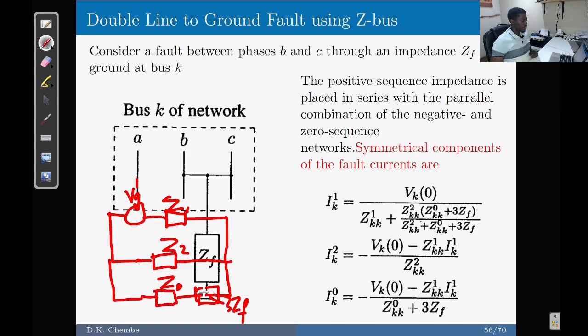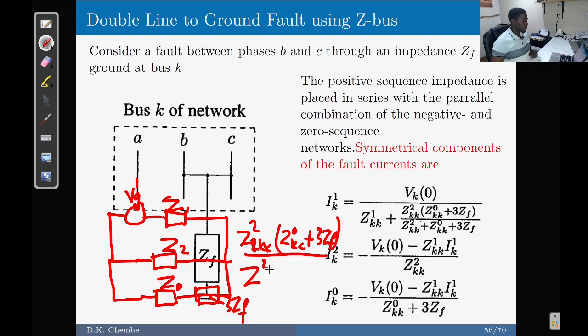Okay, so we get Z2KK, or sorry, the 2 can be here. This multiplies by the sum of these two, which is Z0KK plus 3ZF, and they sum up.